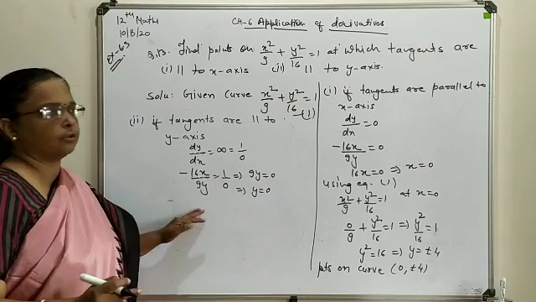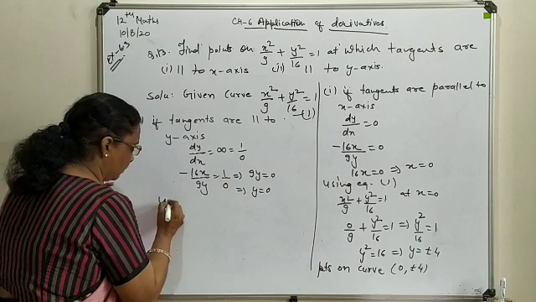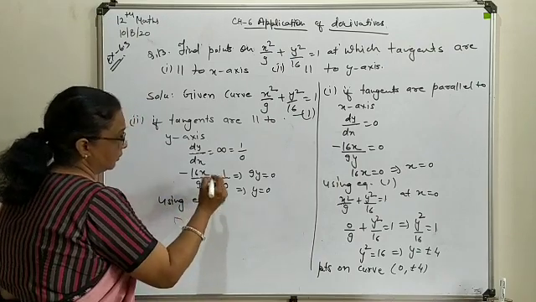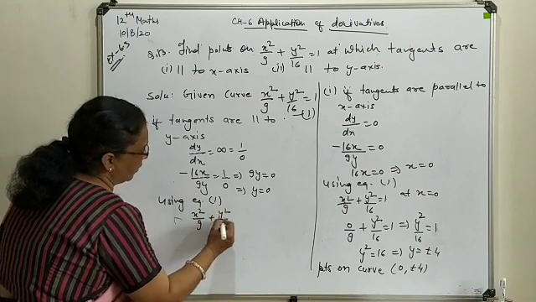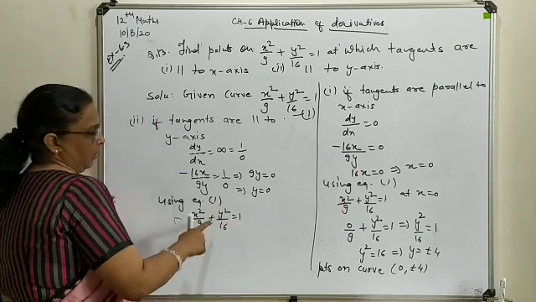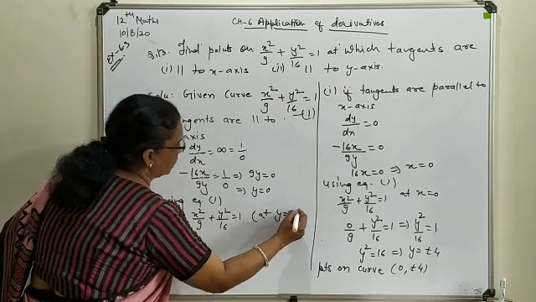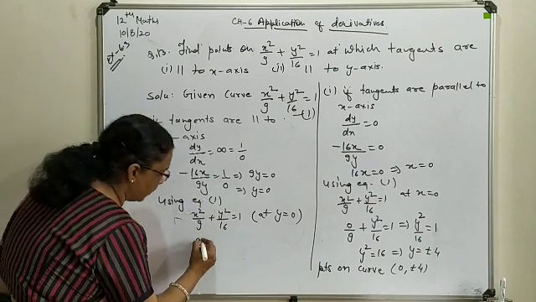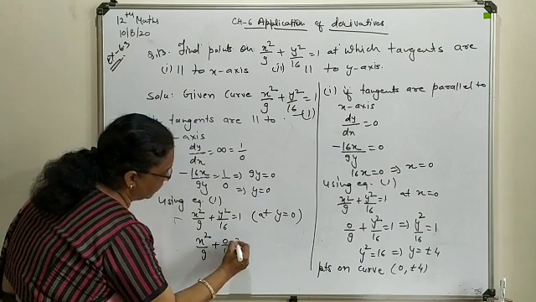Again this y is equal to 0 you will substitute in the given equation of the curve. So using equation 1, x square upon 9 plus y square by 16 is equal to 1. Now taking y is equal to 0 over here, this term will tend to 0. So here x square upon 9 plus 0 upon 16 is 1.